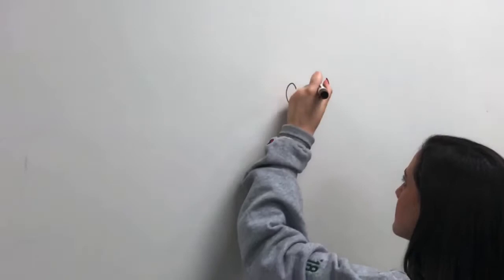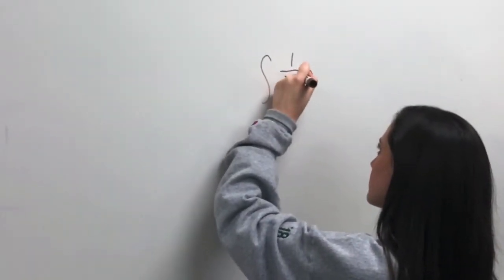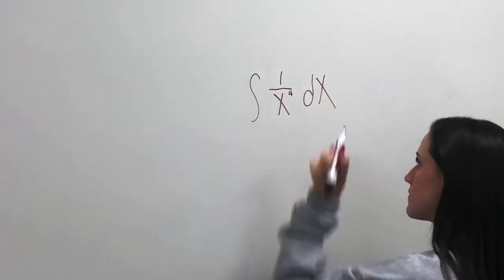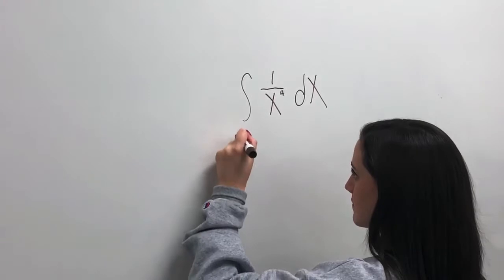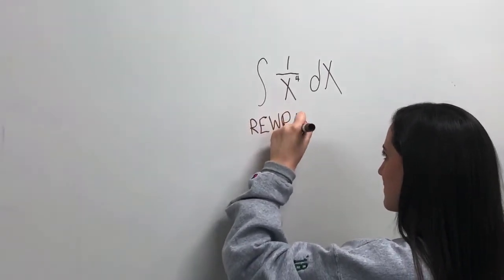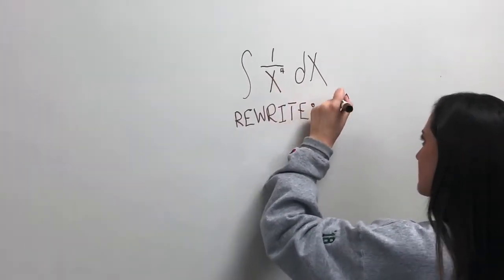Now we're going to take the antiderivative of 1 over x to the 4th power, and in some cases it's necessary to rewrite an equation before integrating. So we're going to rewrite it as x to the negative fourth power, just so it's easier to integrate.